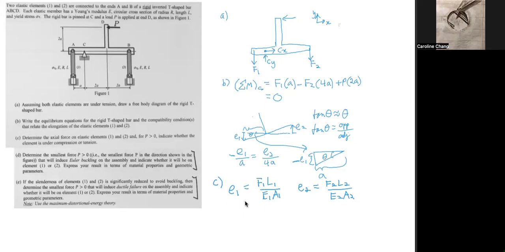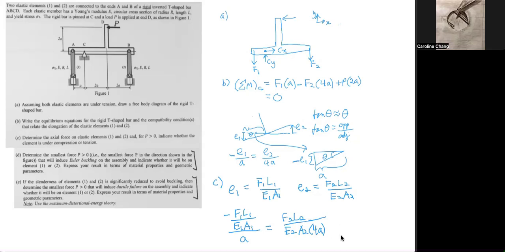Plugging these two E1 and E2 values into this equation over here, we will get that negative F1 L1 over E1 A1 over A is equal to F2 L2 over E2 A2 times 4A.